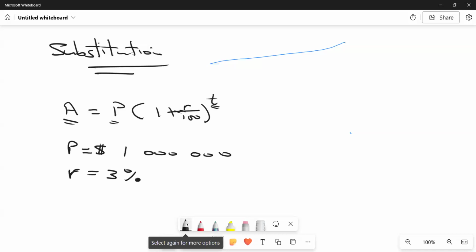You're young and you say, I leave it in there until I am 25. So let's say you are 15 now. We'll go 10 years, T equals 10 years. How much money will accumulate over this period of time at this rate?